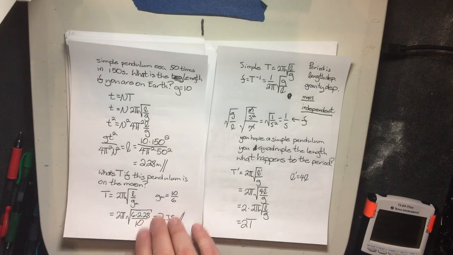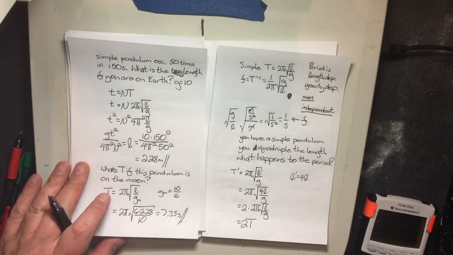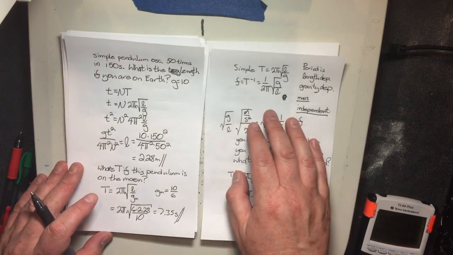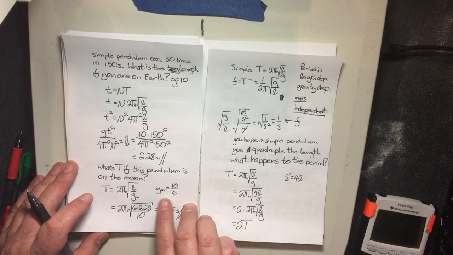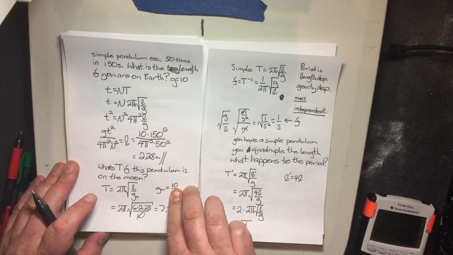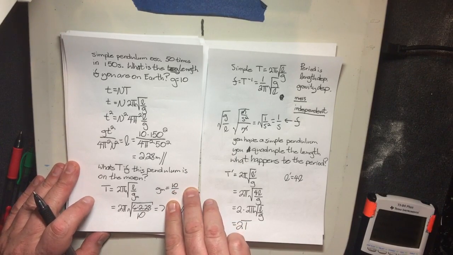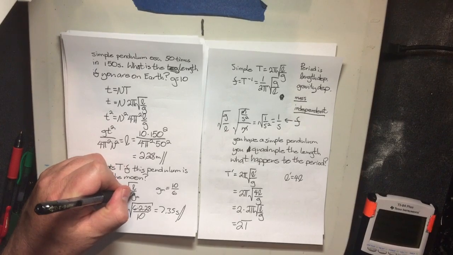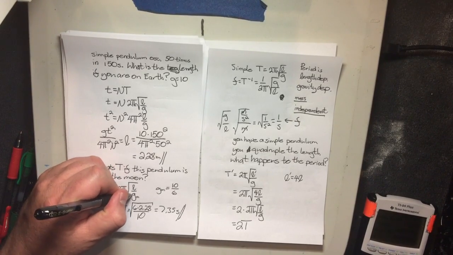Simple pendulums. Yes? Well, gravity is now 10 meters per second squared divided by 6. Because I know what you're getting at. g sub m is in the denominator.